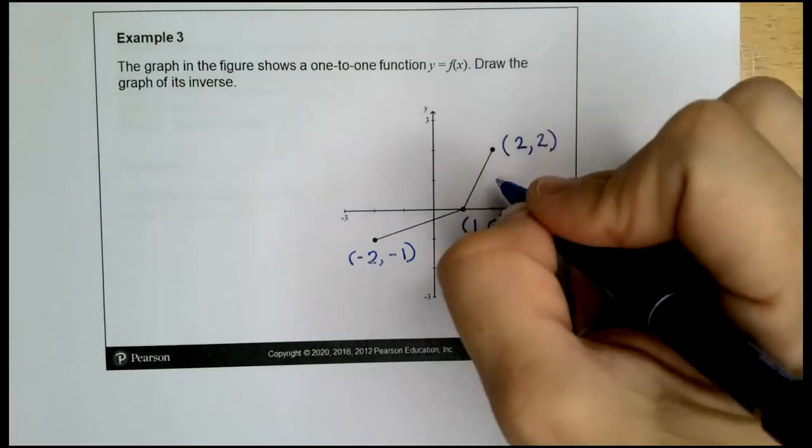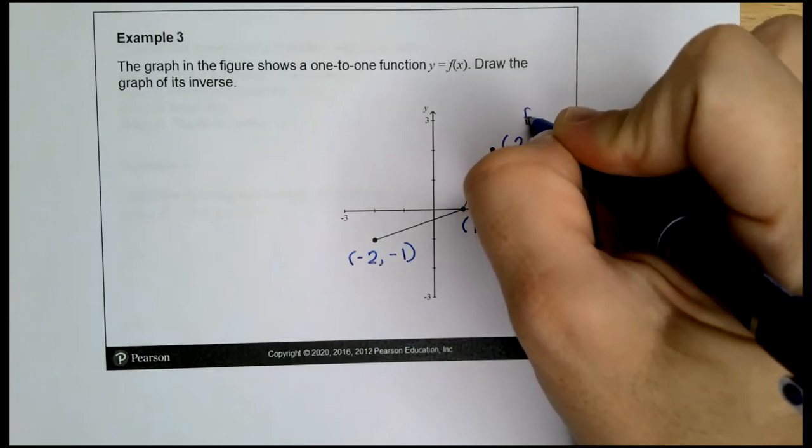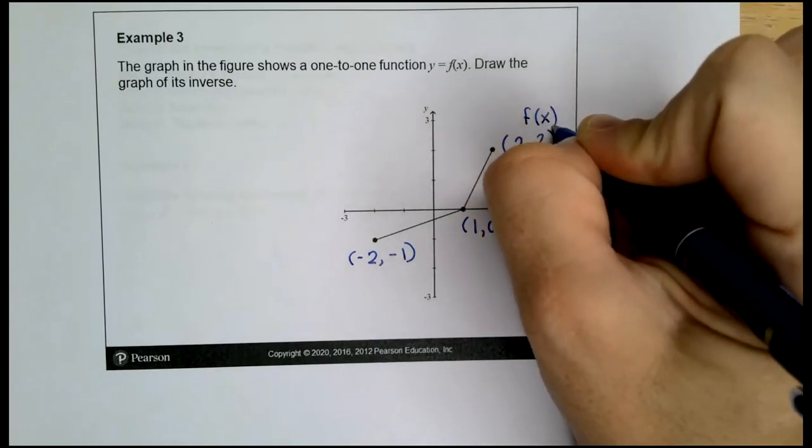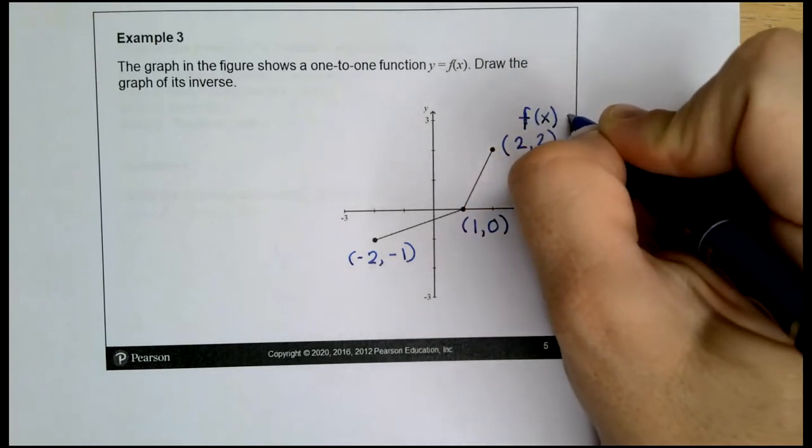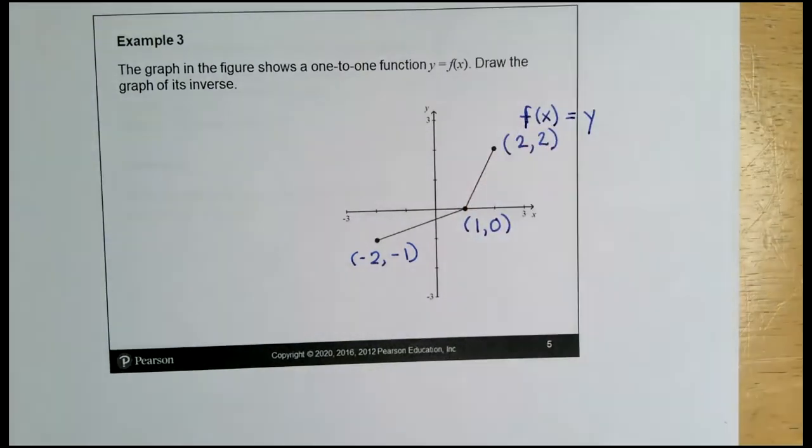This is f of x. They just say f of x is y. And then we're going to find the inverse. So they have for us the function, and they ask us to find and graph the inverse function.